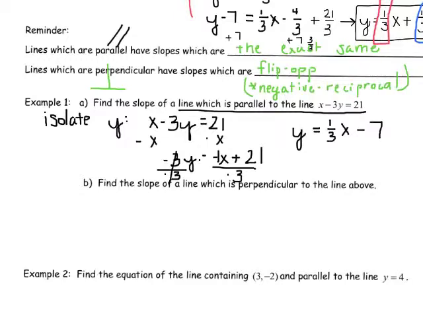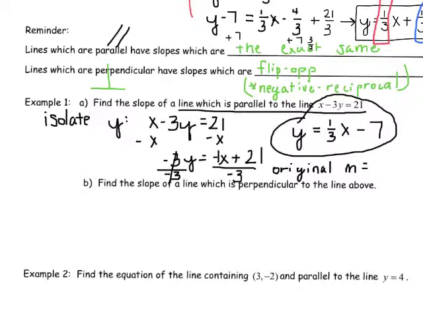All right, so keep in mind this is just the original given line. That's just x minus 3y in terms of isolating the variable y. So right now what I know is that the original slope, original m, is equal to the number in front of the x term, so 1/3.